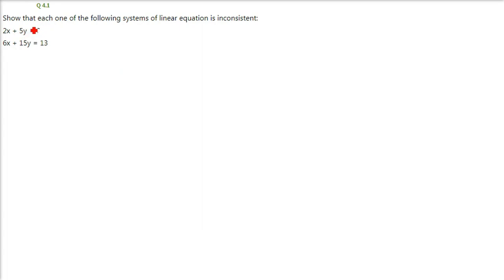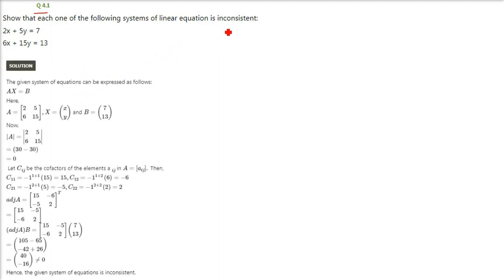Show that each one of the following systems of linear equations is inconsistent. So it's a different kind of question, because one option is used when the determinant of A is 0 or not 0. First we will write this in matrix form, because we are solving using matrices.